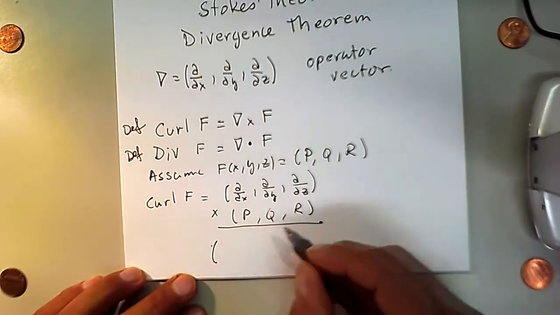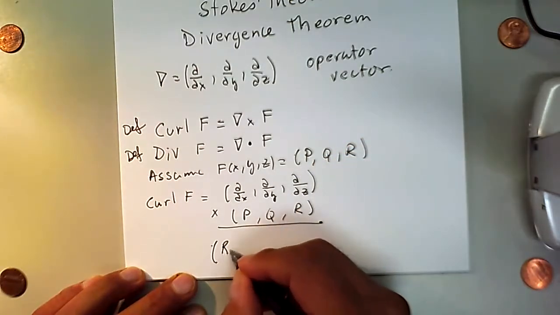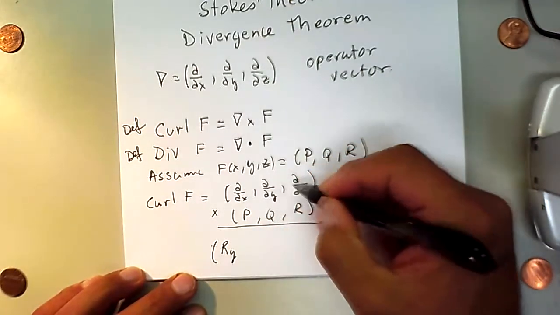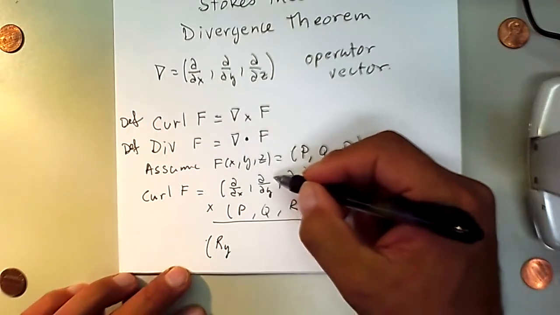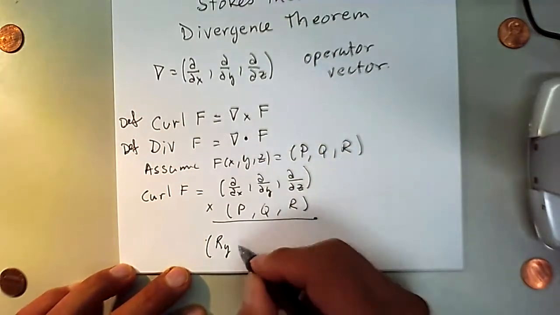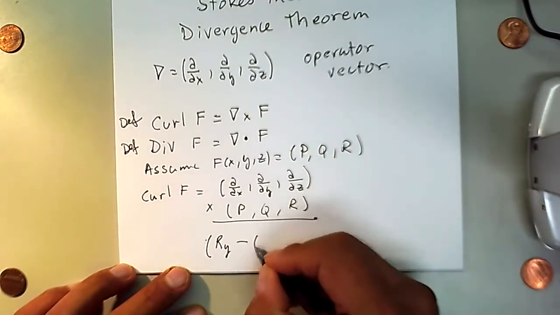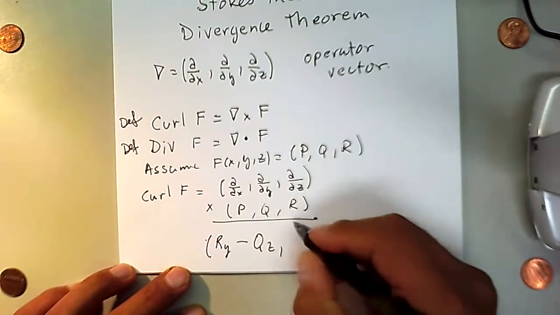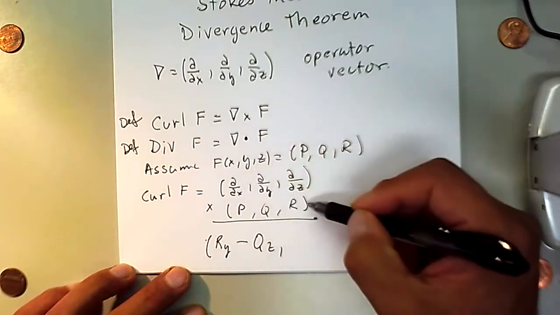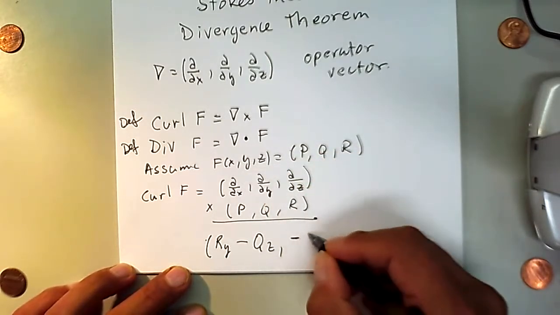So the answer will be r sub y. So operate on r. By operate, we mean find the partial derivative of r with respect to y, minus the partial derivative of q with respect to z, q sub z, comma, and then we do the partial of r with respect to x, but that's going to be opposite.